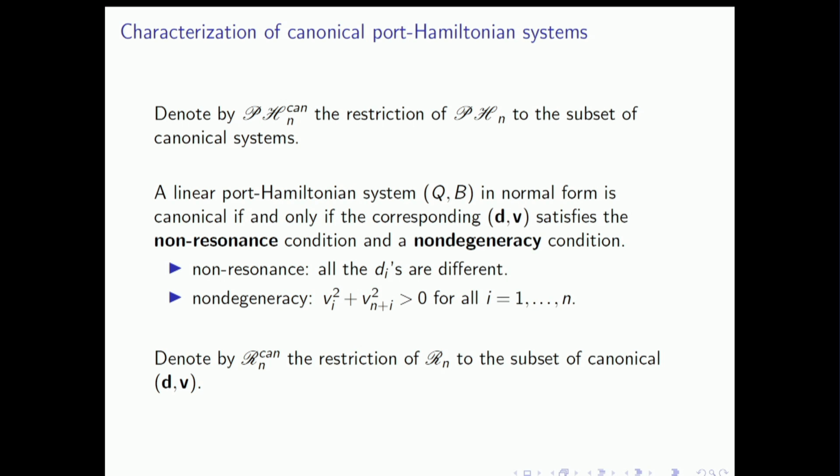From this characterization, you can see very clearly that they are almost all, right? They are dense. So I'm going to denote PHn canonical as the canonical systems and Rn canonical as the canonical subset of D and V. They are both dense.